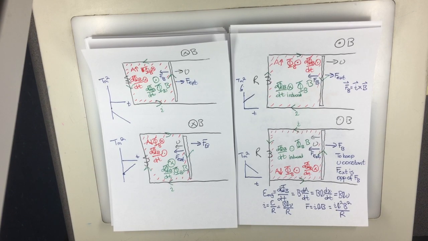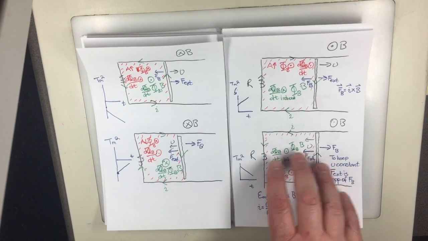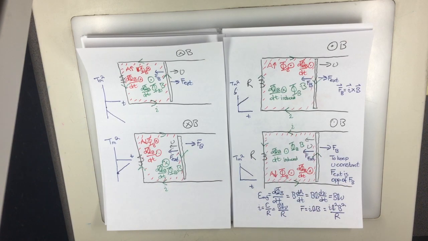So what we see here are the 4 permutations of the moving bar. It can only be one of these 4 if I give you a moving bar problem. The biggest observation we make is that the magnetic force is always opposite of velocity.